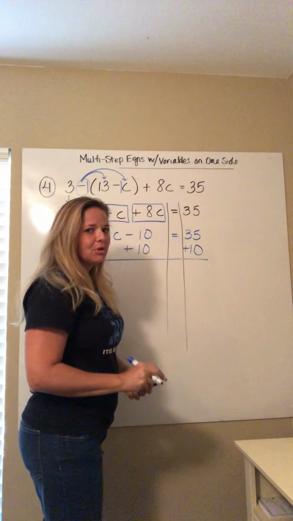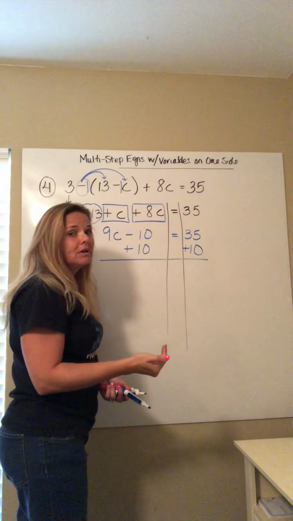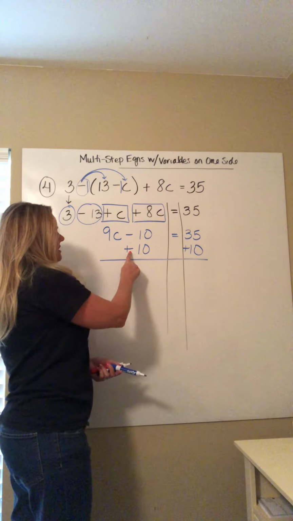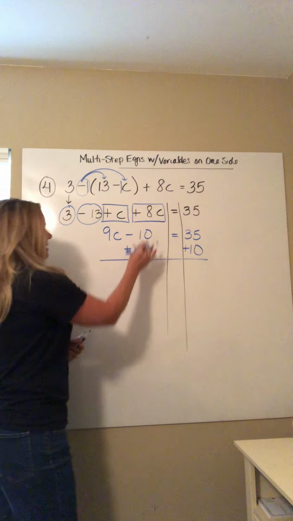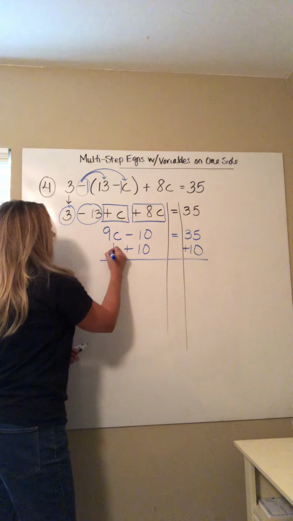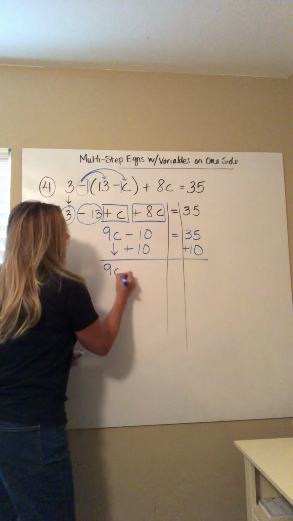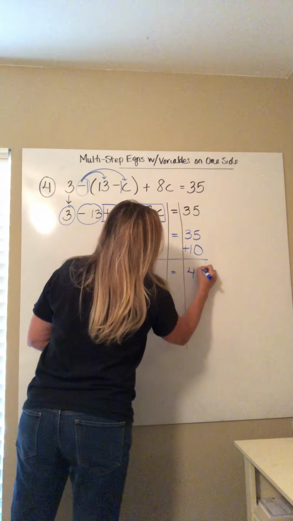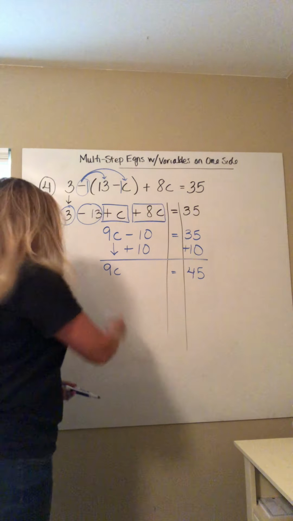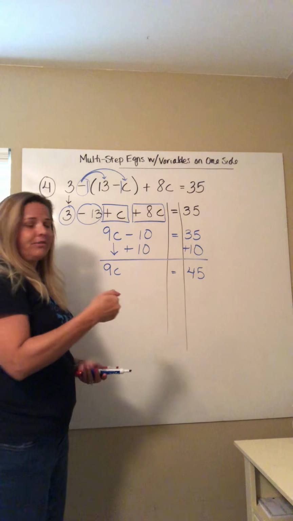Hope you're getting the hang of some of those words now. Okay, term, terms. These are all terms. This is an inverse when you do the opposite. Inverses, when you add them together, always make 0. I'm now left with 1 term on each side. And my last step is to divide by the coefficient. That coefficient is the number in front of the variable.